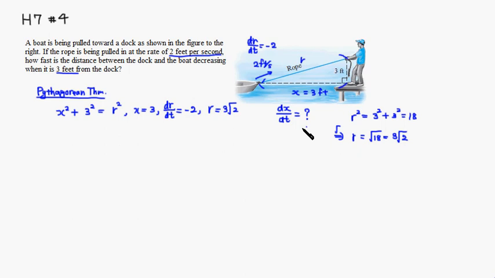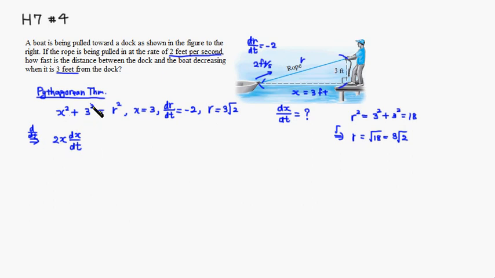Then what we are looking for is dx over dt, so we have to take the derivative. Let's start with the Pythagorean theorem and take the derivative with respect to t. The derivative of x squared is 2x dx over dt, because we're taking a derivative with respect to t, not x.